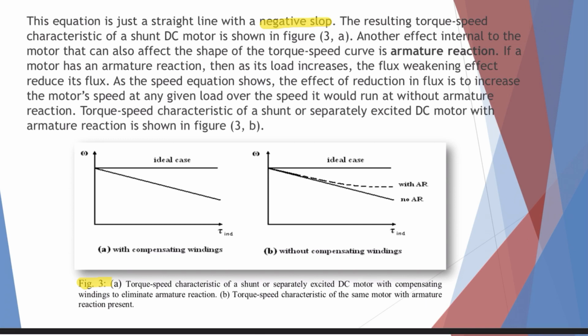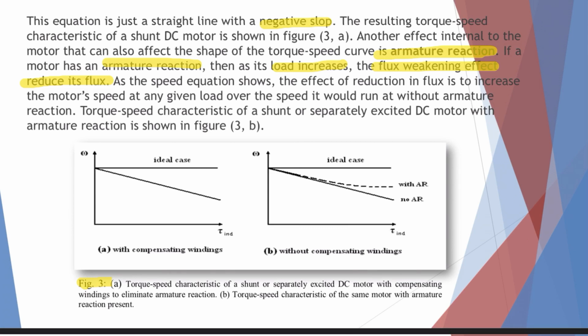Another effect internal to the motor that can also affect the shape of the torque-speed curve is armature reaction. Armature reaction will affect the slope. If a motor has armature reaction, then as its load increases, the flux weakening effect reduces its flux, as the speed equation shows.